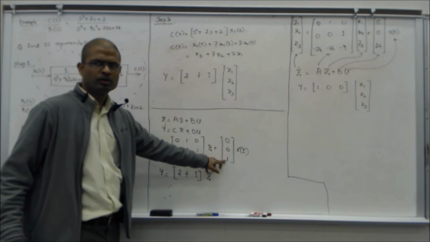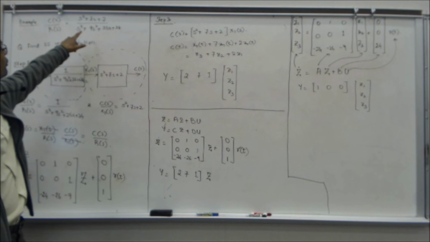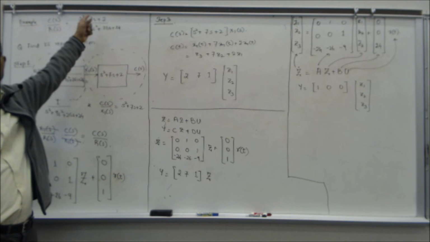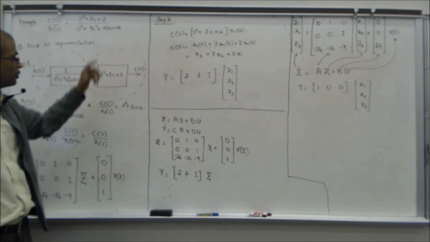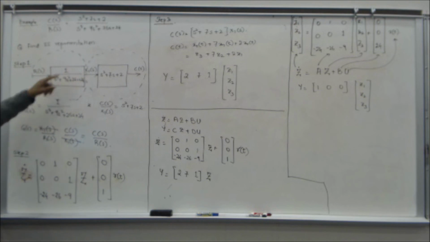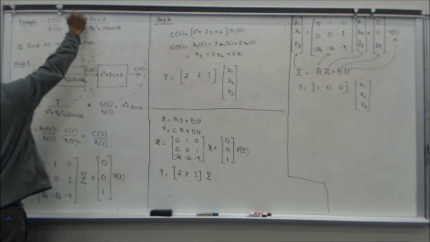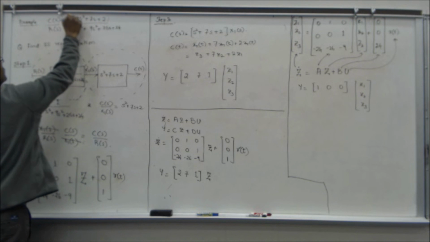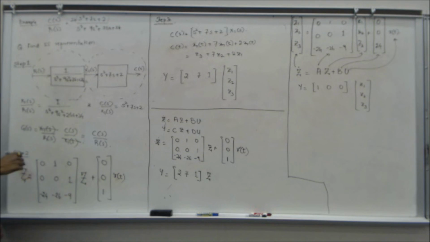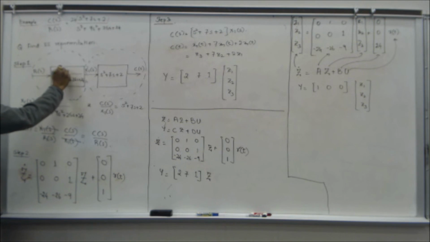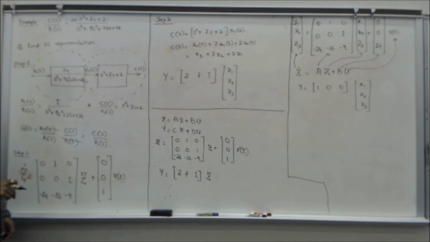This one? No, this one is, we don't have the 24 anymore here, right? This is our system. So if this was 24, for example, then we would have split it as 24 and that. Okay?